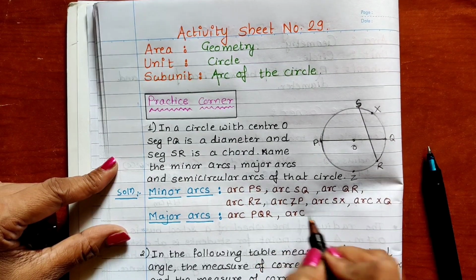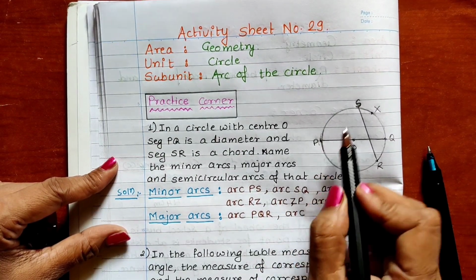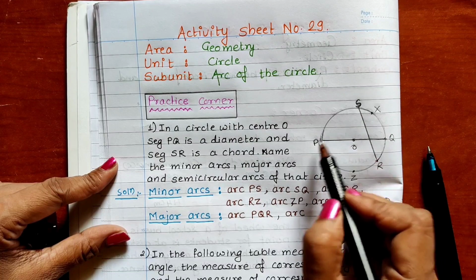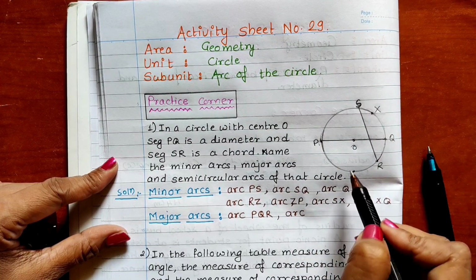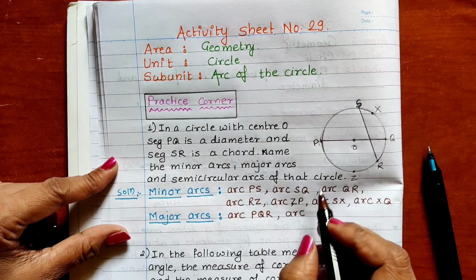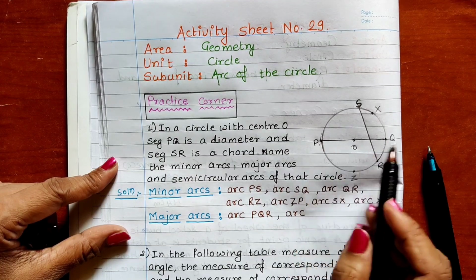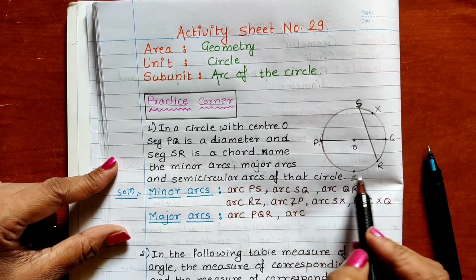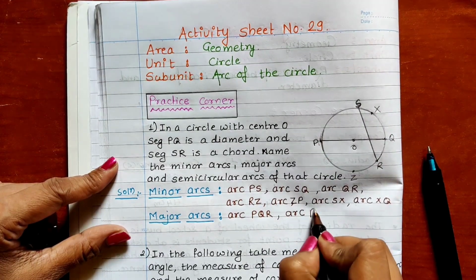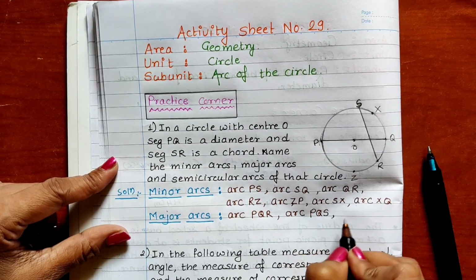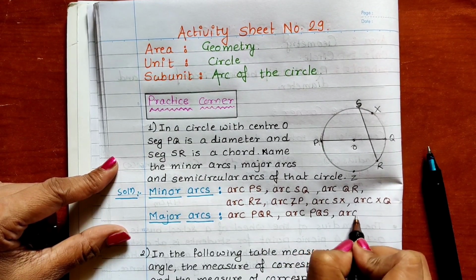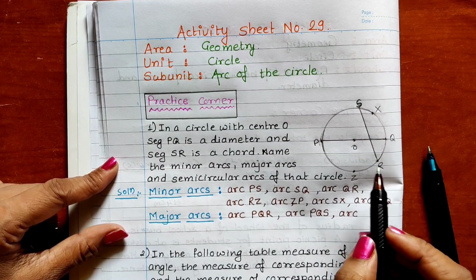We have to use any 3 letters. That means the end letters should be the same, and in between, the middle letters can be any letter. So I write arc PQS. Then a few more arcs if you want you can write.